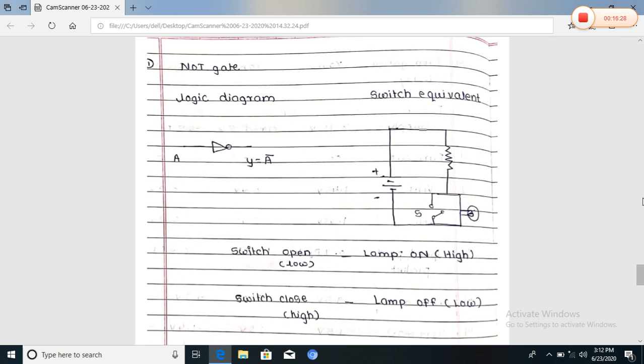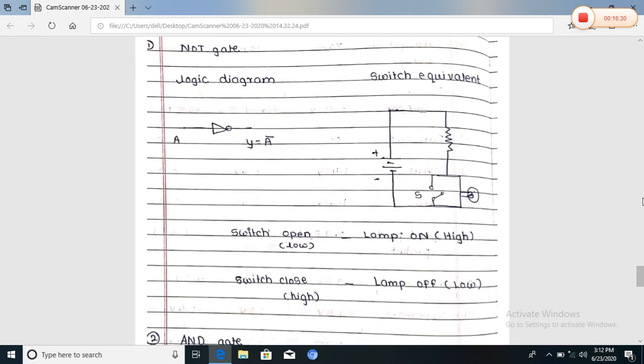In the switching diagram, there is a switch connected with an LED. In the first case, when switch S is open, meaning off, the circuit is completed through the LED and the LED glows. What does it mean? The switch is open.